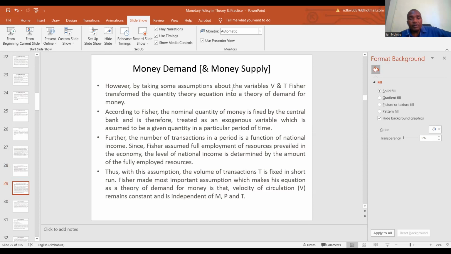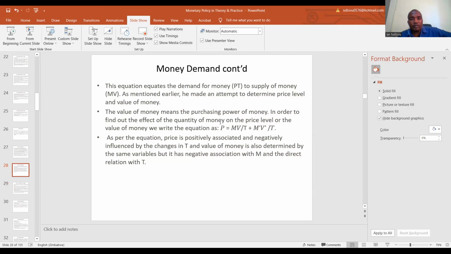Now, when we look at the assumptions of Fischer pertaining to V and T, he assumed that V and T were constant. The quantity of money M is constant over time because it's an institutional variable which is influenced by the government.